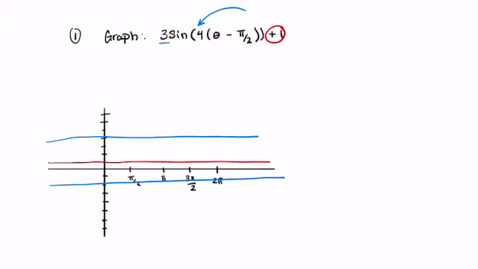Now, the number out there in the B spot is going to change the period. So I do 2 pi over B, and that gives me pi over 2, okay? So what that means is we are going to repeat our pattern in the simple distance of pi over 2.